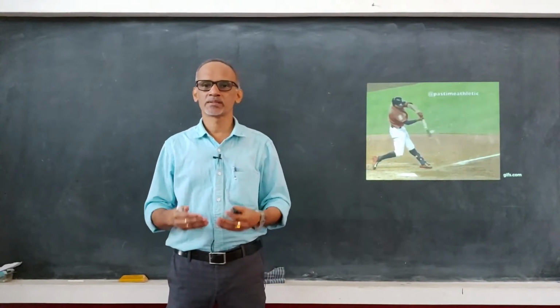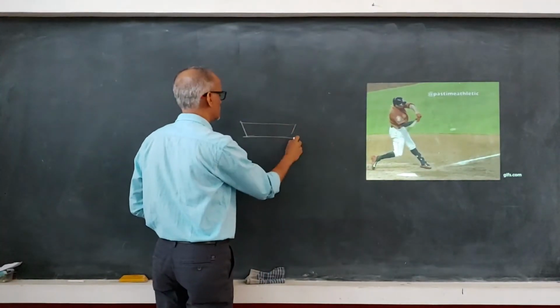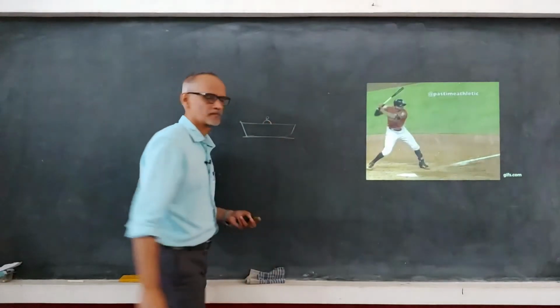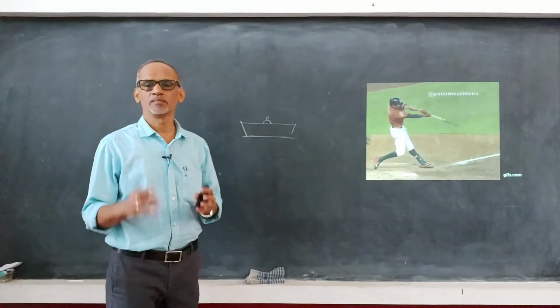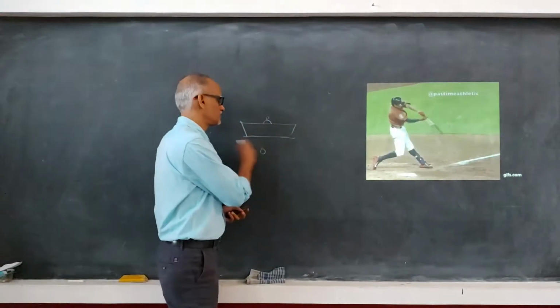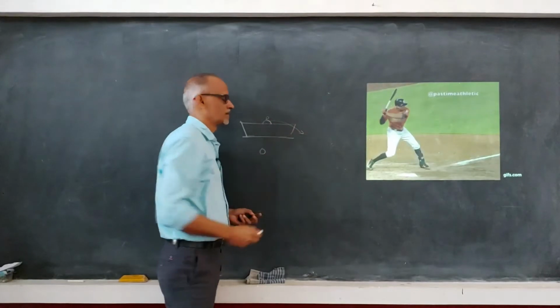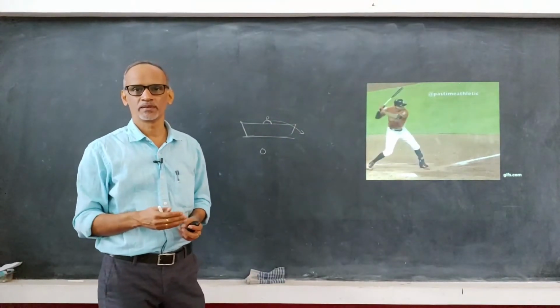Then if you take one more illustration where a person is in a boat. This is the boat and the person is here. The boat is at rest, the person is at rest. So the total momentum before jumping out of the boat is 0. But once the person jumps out, the boat slightly moves backward.